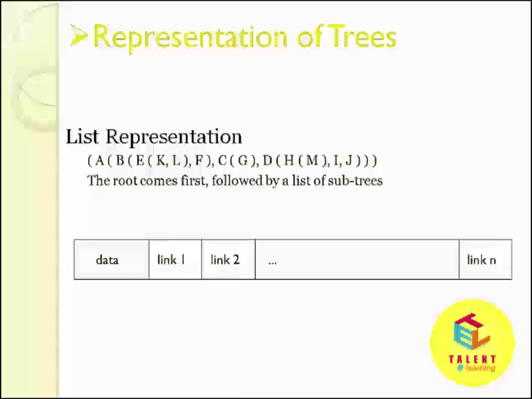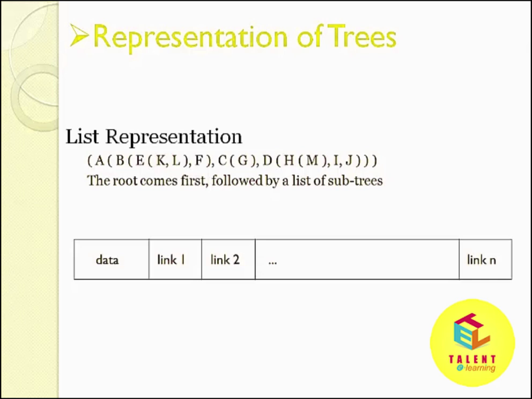Now let us see how to represent trees. The list representation. The list representation of tree which we considered in our previous example is as shown on the screen. The root comes first, followed by a list of sub-trees.